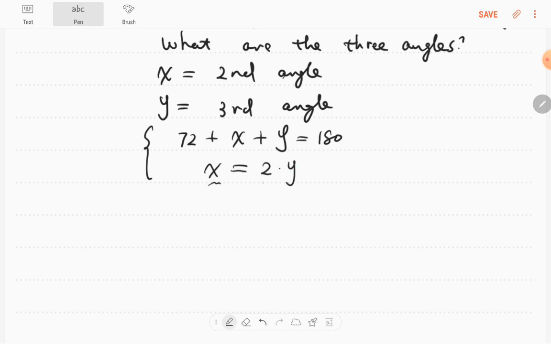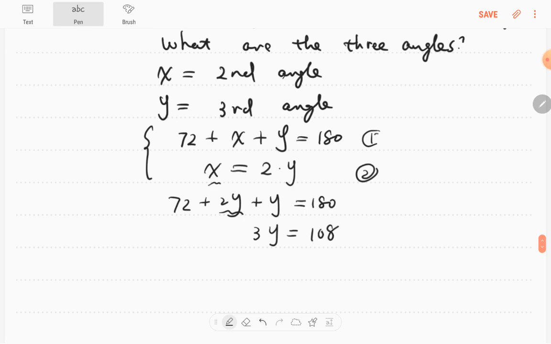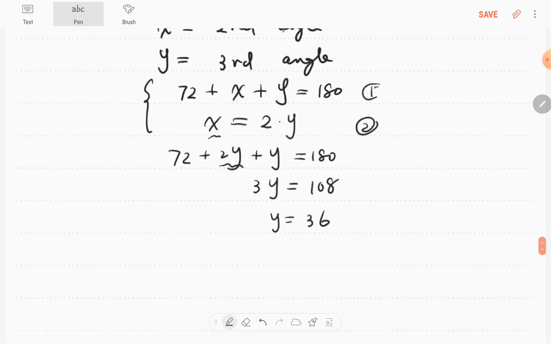Because we already have x equal to 2y, we can use it to go back to the first equation. We use 2y to replace x and copy the remaining terms. We get 3y is equal to 108. So y is equal to 36.